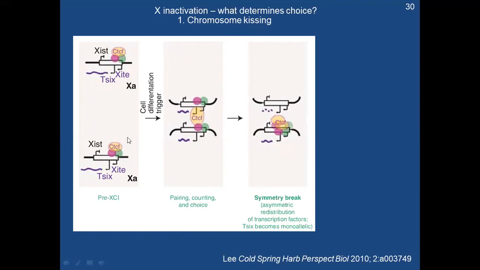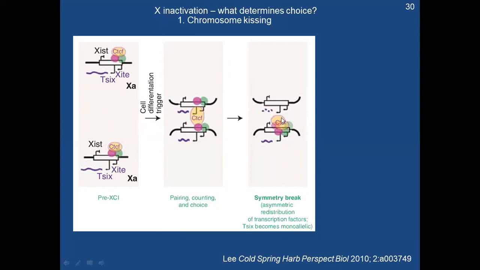Here they are both active. Here, what's going to happen? On the top, is this going to be active or inactive after touching and separating? The top one will not be active because the pluripotency transcription factors are not present on it. So it's going to be able to eventually transcribe Xist. Xist transcription is going to recruit polycomb repressive complexes, histone modifications, eventually HP1 and methylation, and this is going to be silent.